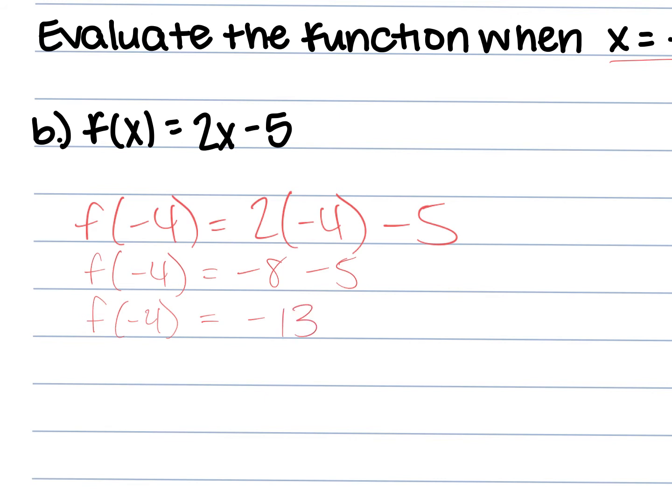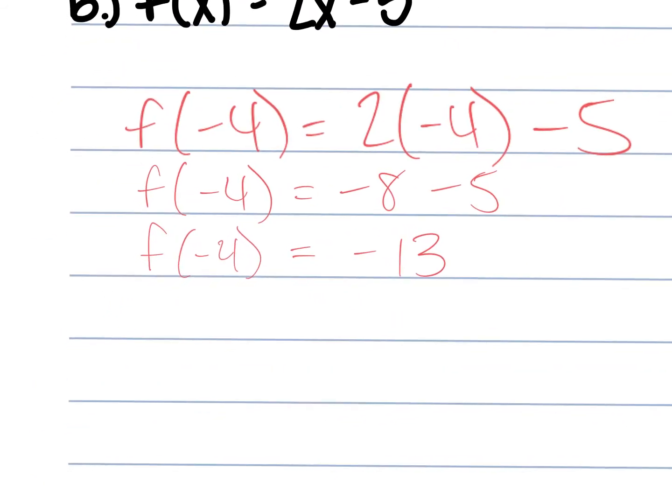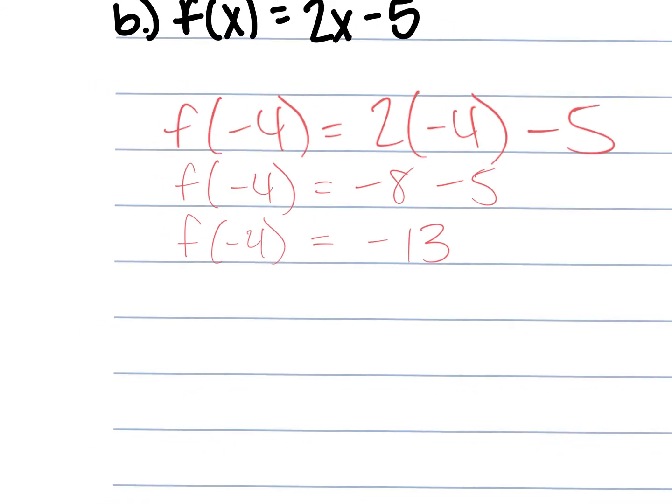Why is it negative 13, guys? Are they both negative? Yeah. So what do I do with their values? Add them. 8 and 5 combined to give me 13, but it needs to be negative, because they were both negative. Do we understand that? When do 2 negatives make a positive? Multiplication or division. Are we multiplying or dividing these? No, so we should stay negative. So what's my coordinate? Very good, Hunter. What's my coordinate?